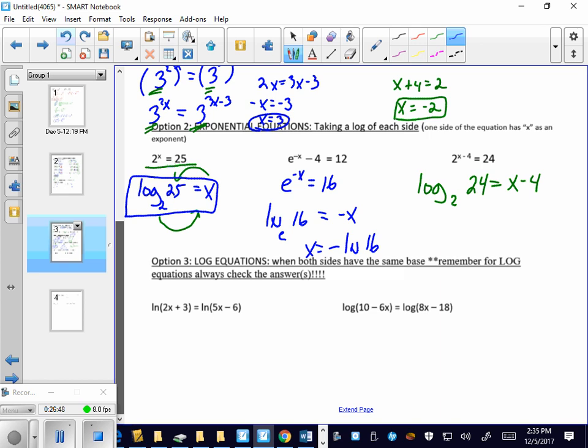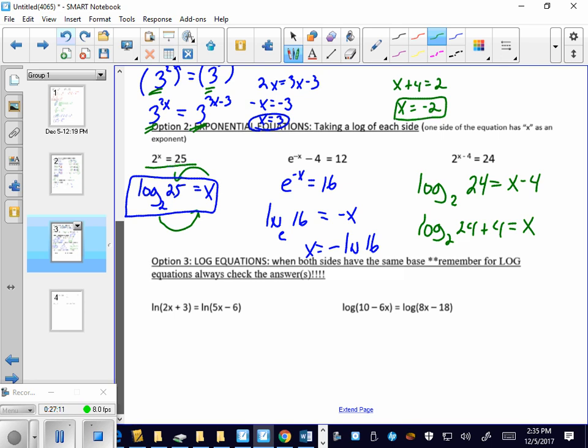Now, I want to show you guys something on this because it's kind of important. What I'm getting ready to write is incorrect. This is not correct, so don't write this. Hopefully you guys can see what I wrote there was the log base 2 of 24 plus 4.